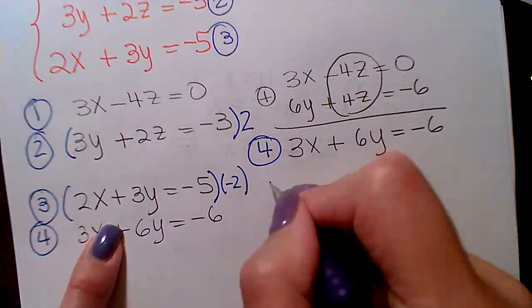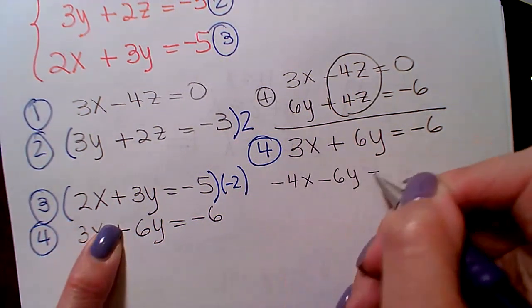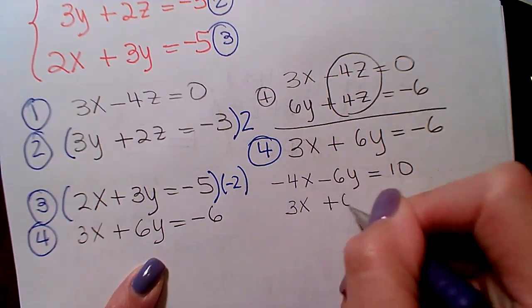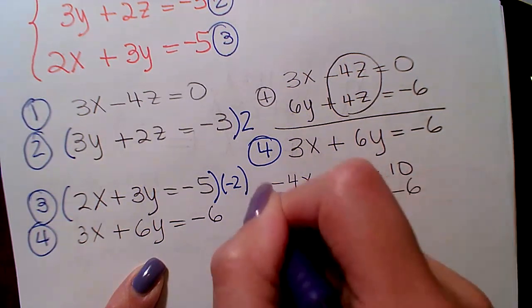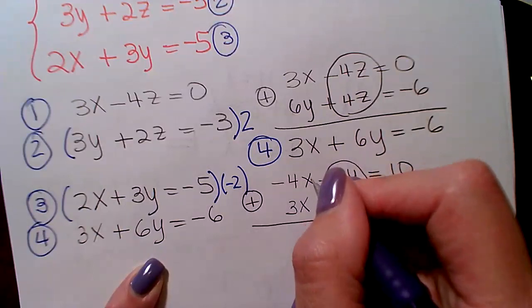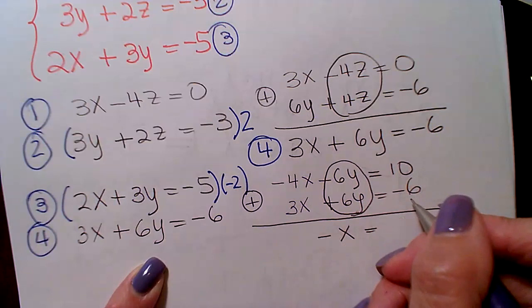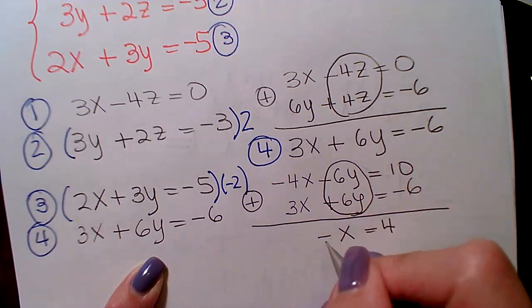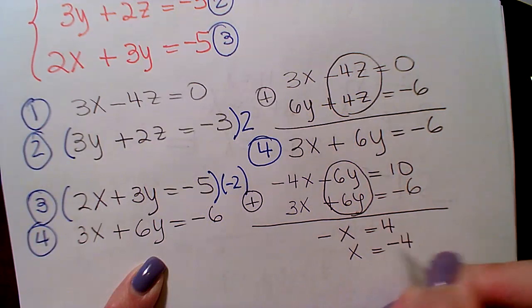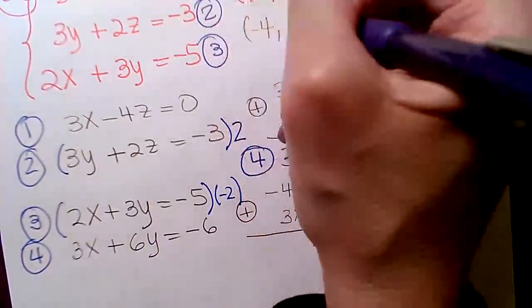So we get negative 4x, negative 6y, and positive 10. 3x plus 6y, negative 6. We are adding. Negative 4 plus 3x is negative x. 10 minus 6 is 4. If we divide by negative 1, x is going to be equal to negative 4. So I found my x, negative 4.